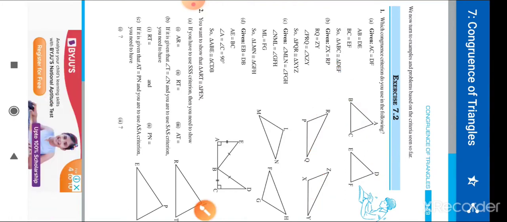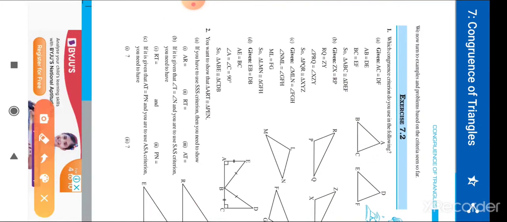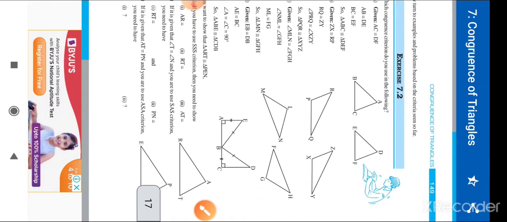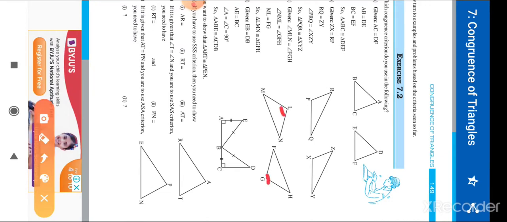Move to the C part, and in the C part it is given that angle MLN is equal to the angle FGH, and angle NML is equal to the angle GFH, and side ML of triangle MLN is equal to the side FG.